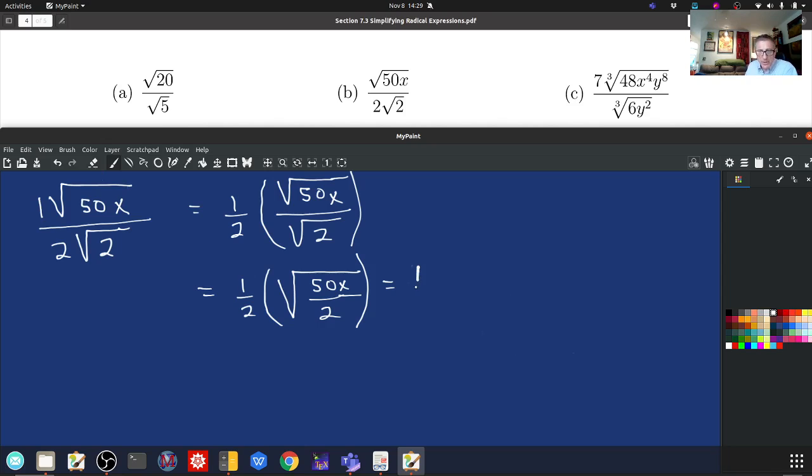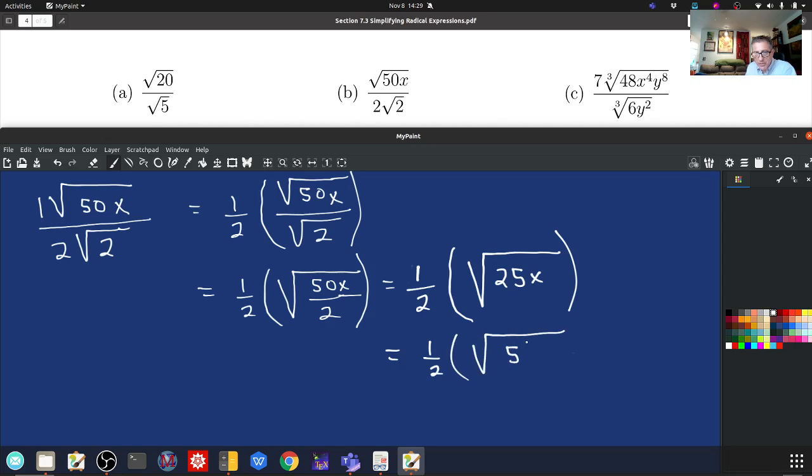So this is again 1/2. It's a little bit thicker there. 1/2 times, here I go, the square root of 50 divided by 2, 25x. Well, that's equal to 1/2 times the square root of 5 squared times x.